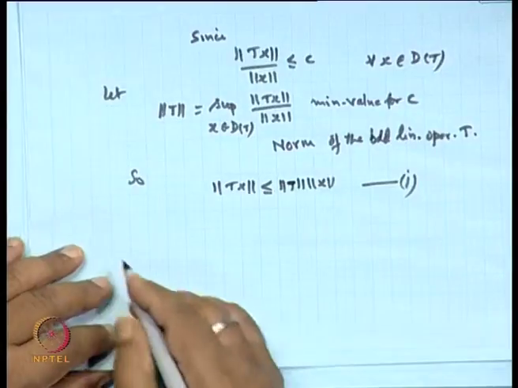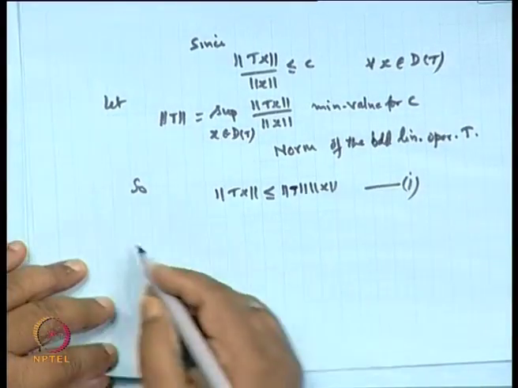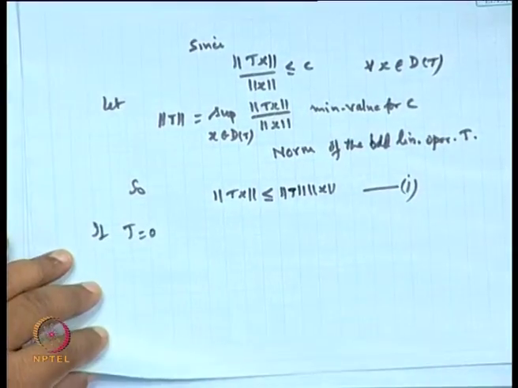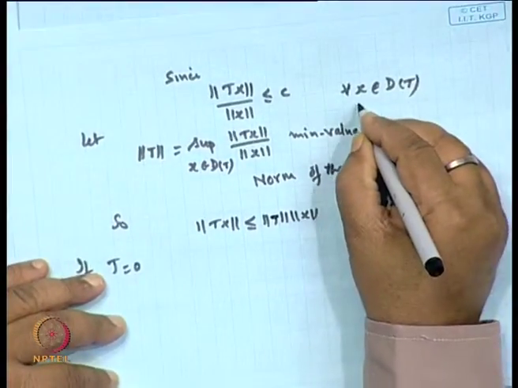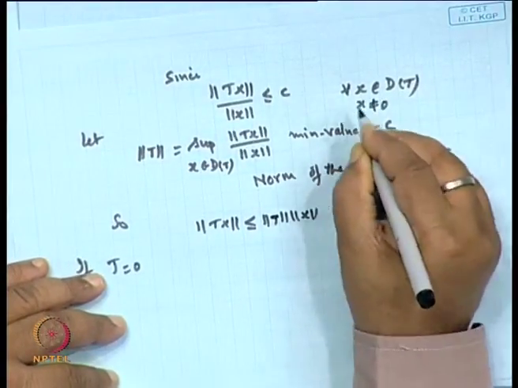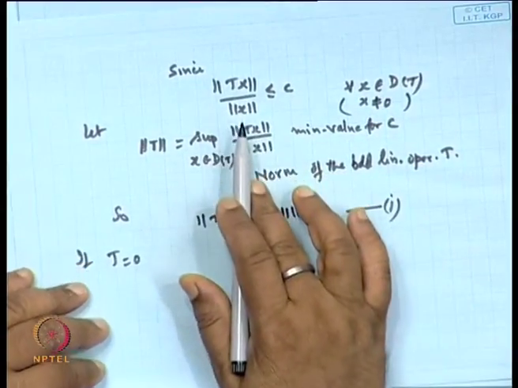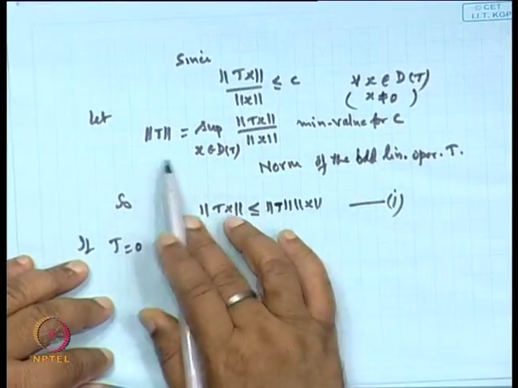Now, if T is 0, because 0 is also a bounded operator. One more thing I should write: this is for all x which are different from 0, because if x is 0 we cannot divide. So for all x which are non-zero, the minimum value of C will be defined like this.